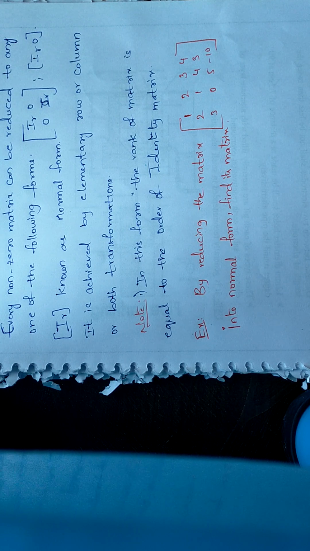Now in the canonical form we are using row and column transformations, so we will get zeros in both the upper triangular and the lower triangular matrix. That is why we get the identity matrix, that means except the diagonal elements, all the other elements will be zero. Whatever identity matrix we get, that will be the rank of the matrix.